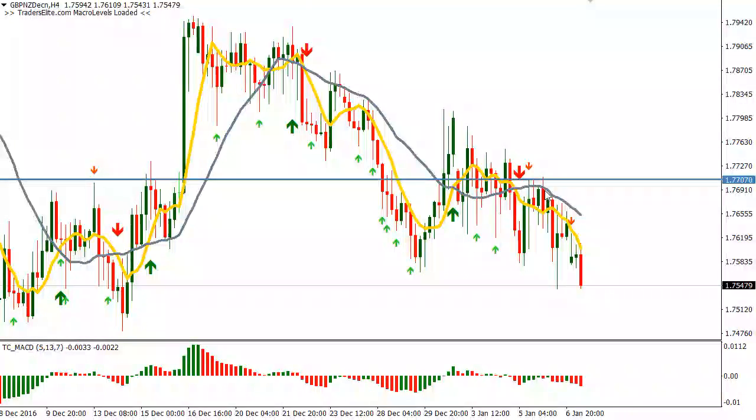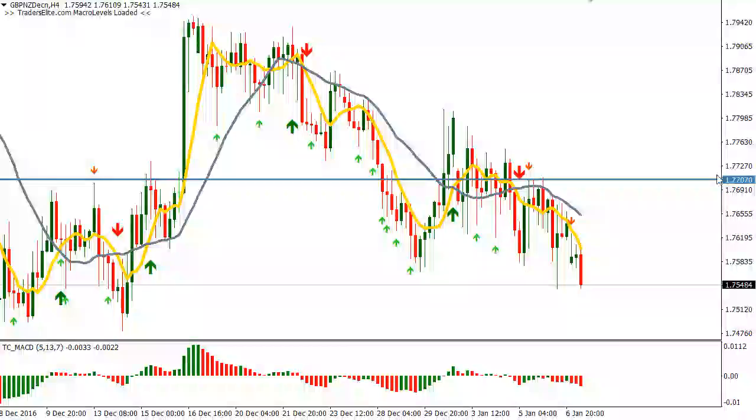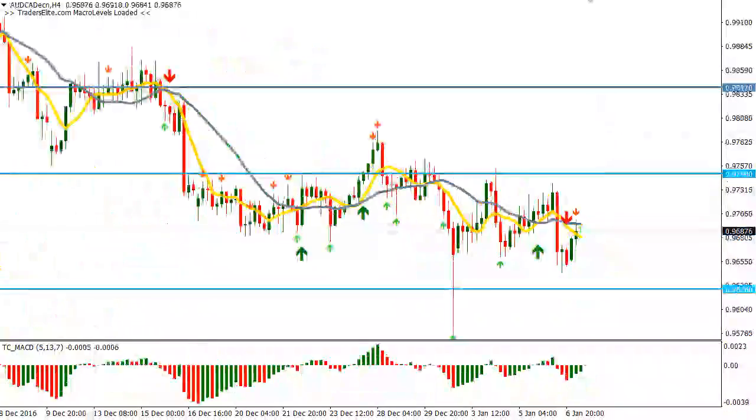Bit of a correction here, as I was alluding to before, and the price tested this 177.07 macro level a couple of times, and now it's looking good to the downside. So it would look like being close to our target. So hopefully over the next hour or two, we'll be publishing another target being hit, and we would remain bearish on this particular pair.